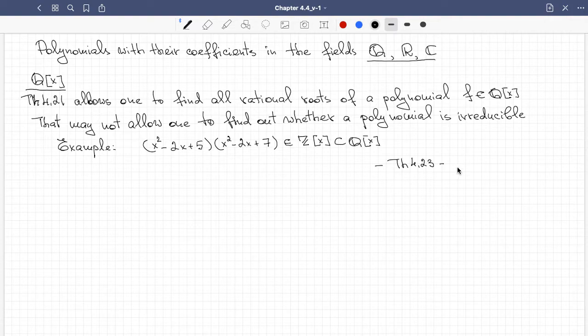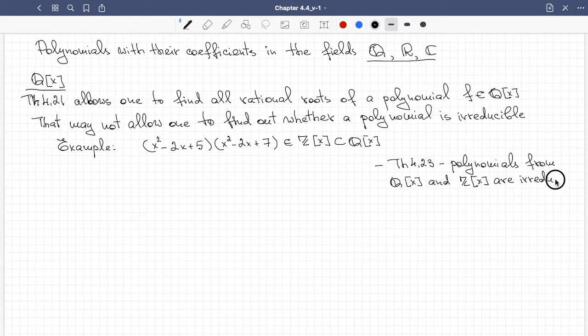It tells us that polynomials from Q of x and Z of x are irreducible together.